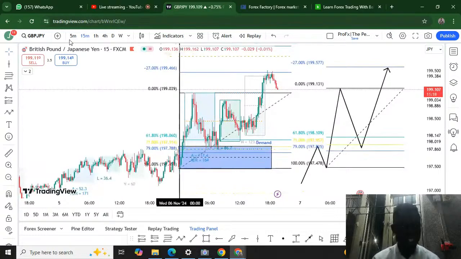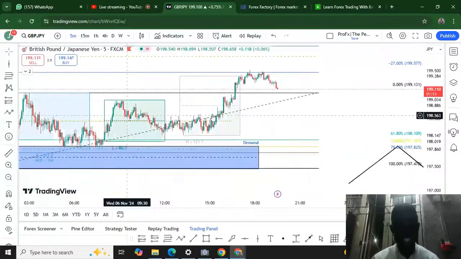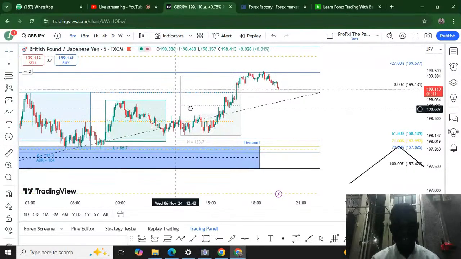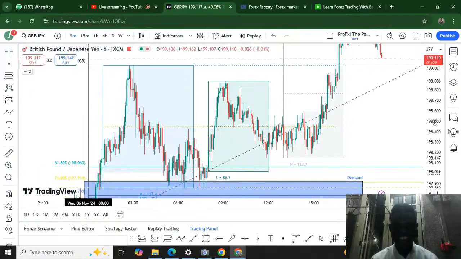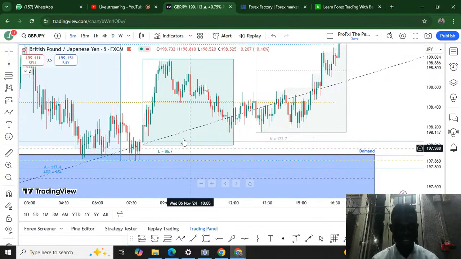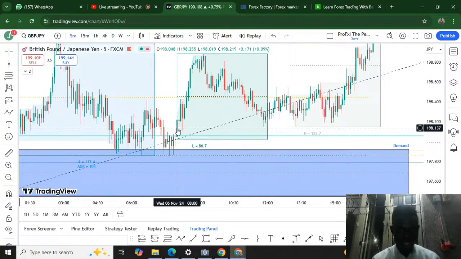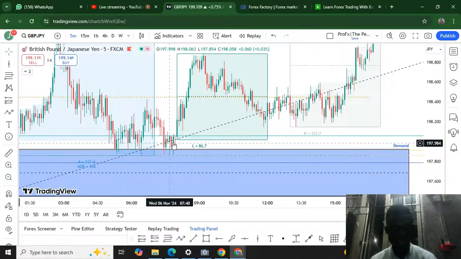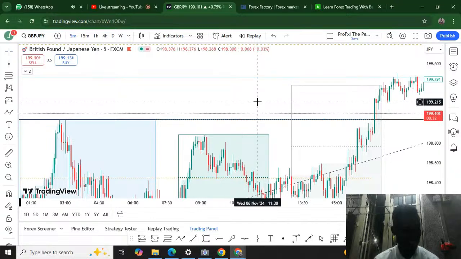So on 5 minutes, you will see it on time. I prefer 5 minutes over 15 minutes because 5 minutes is three candles that form 15 minutes. So as at this 55 minutes candle, we already have confirmation. This is a good one, like a drop base candle. We enter from there, instant market, and take profit at 0% or 27%.